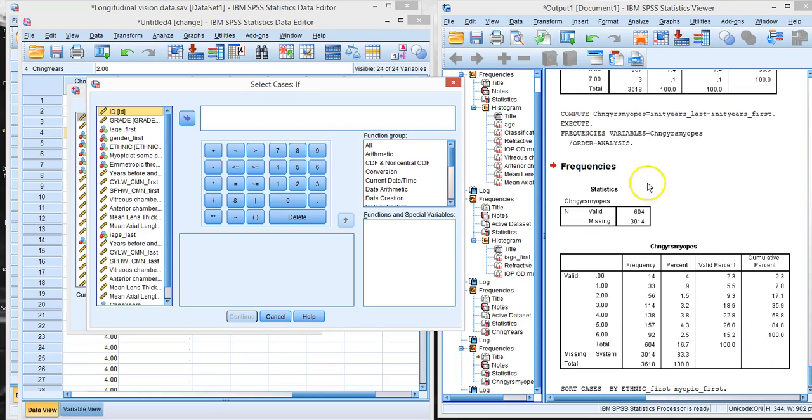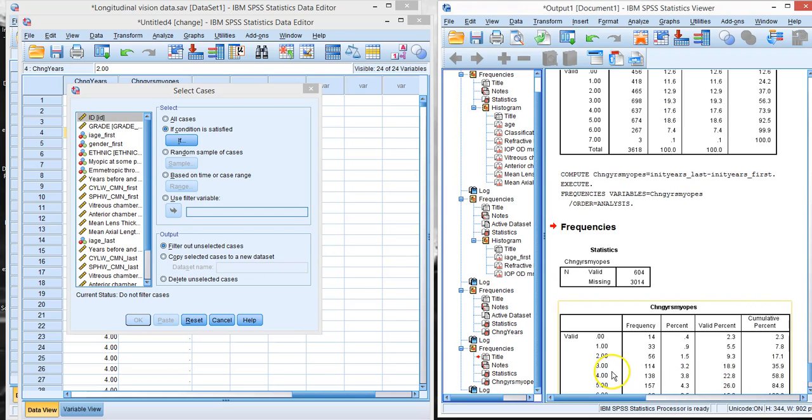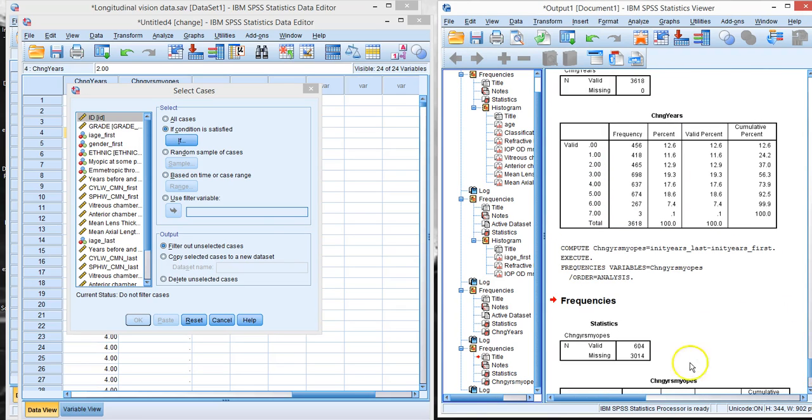But now for myopes, this number is going to be equal to the difference in age. But we don't have myopic data for everybody. So in order to be a little bit more selective, let's have at least 3 years between them in terms of age. Let's get rid of these 7s down here.